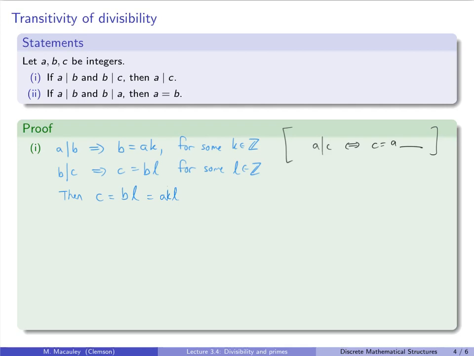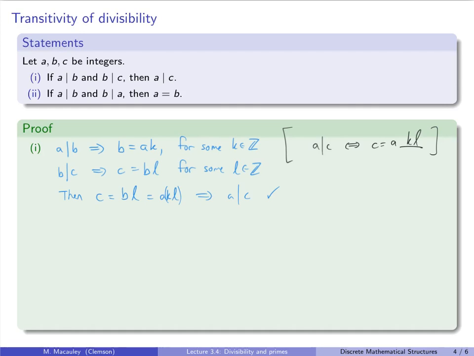There we go. And since k times l is an integer, that means that a divides c. c is a times some integer, so that integer up here is k times l. So that means that a divides c. Okay, that's the proof of the first one.